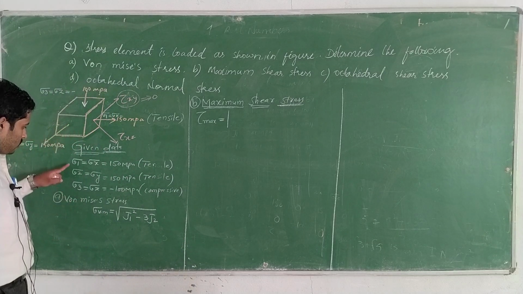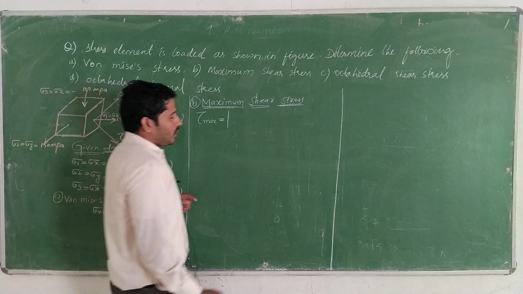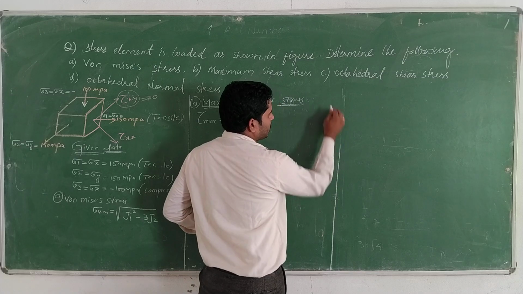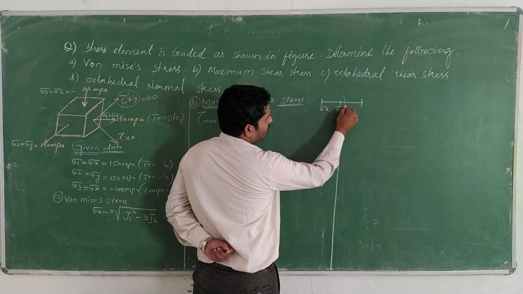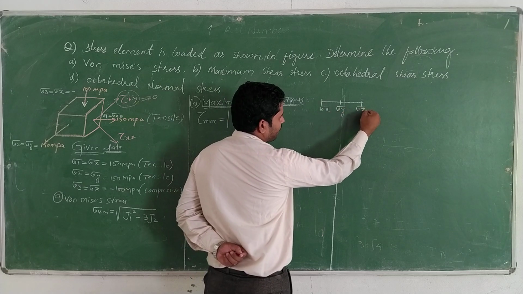sigma x minus sigma y. Let us see over here how to remember this formula. Sigma x, sigma y and sigma z.